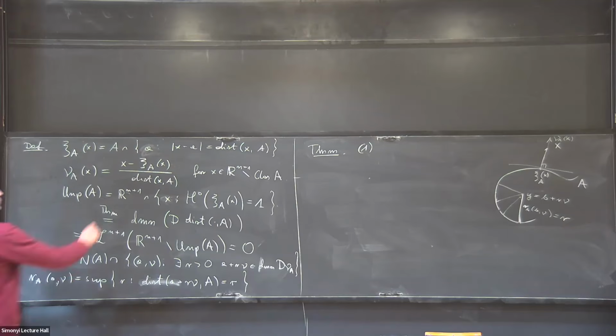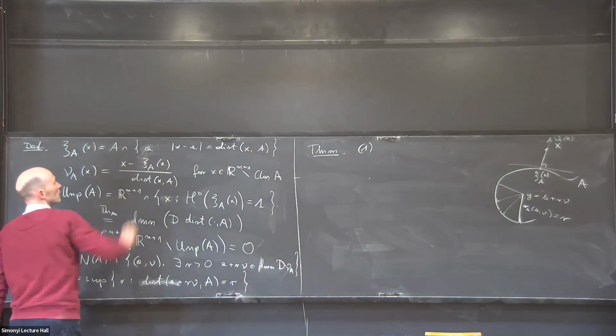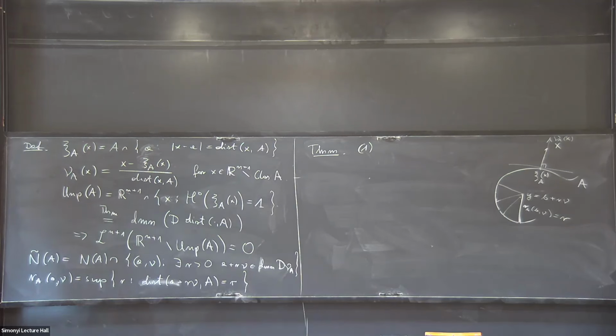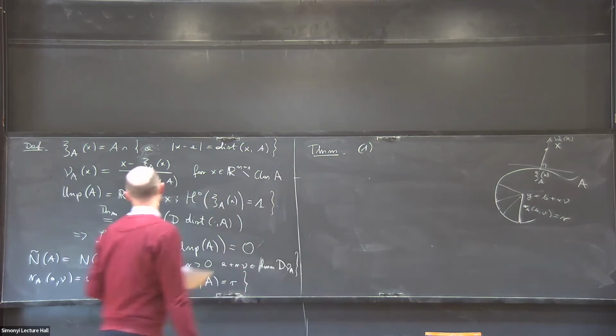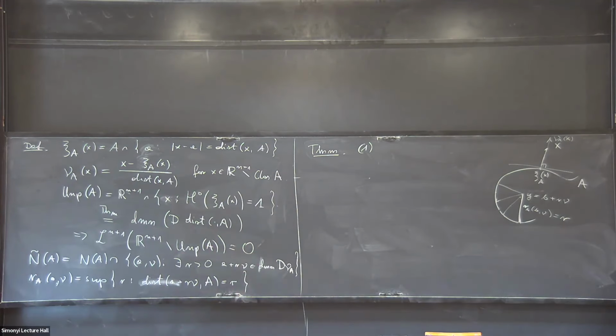Yeah, you can do that, but I won't. You can see that on U and P all these functions are defined. Are you going to use these functions outside U and P? No, but it's easier to define it this way.